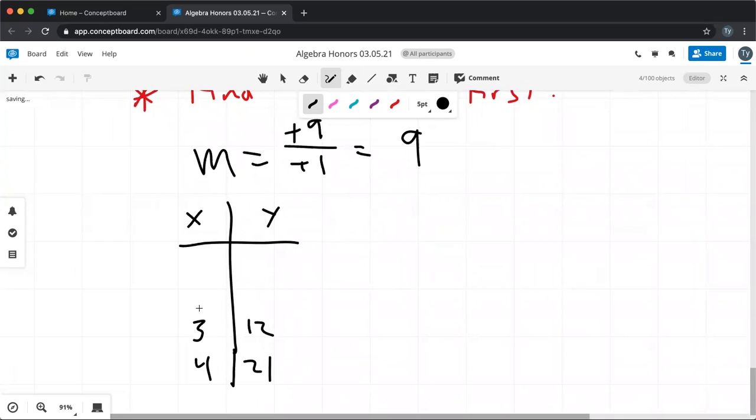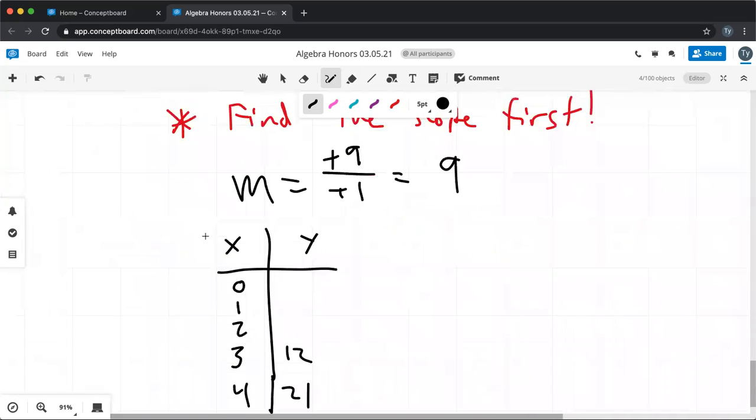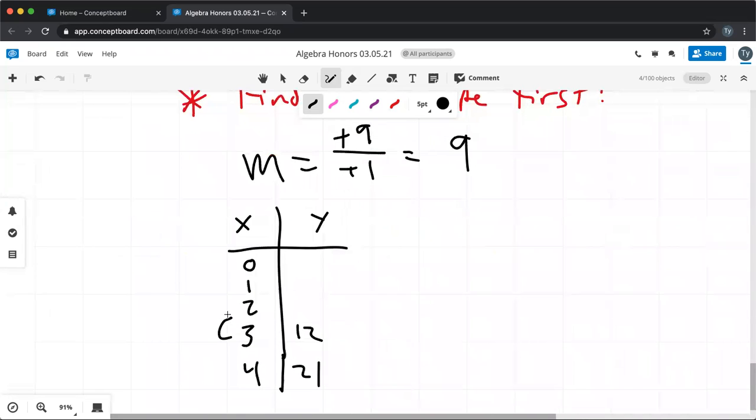We don't need them all. Let's work our way backwards till we hit x equals 0, because the y-intercept is the y value when x equals 0. So before we were increasing our x by 1 every time, and that corresponded to an increase of 9 in our y's. This time we're decreasing by 1.